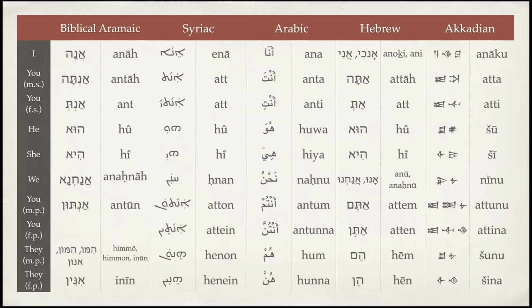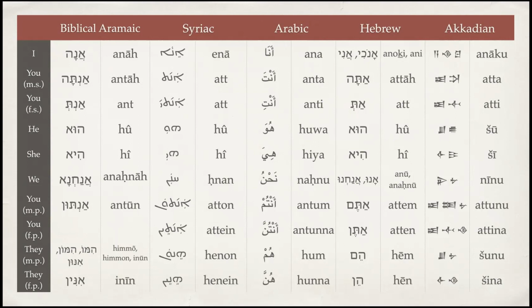Now, Arabic: ana, anta, anti, huwa, hiya, nahnu, antum, antunna, hum, hunna. Hebrew, we've got two for the word I, the first common singular pronoun. Anochi, ani.